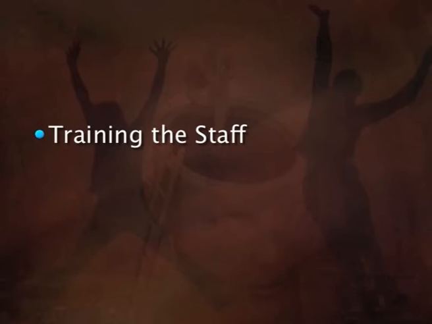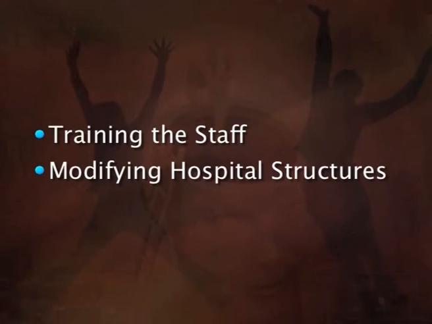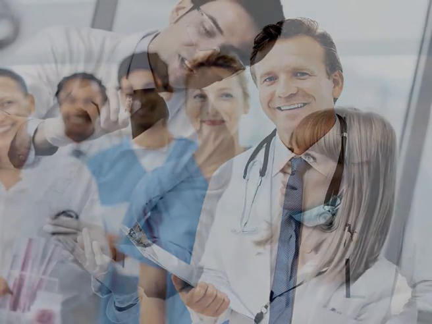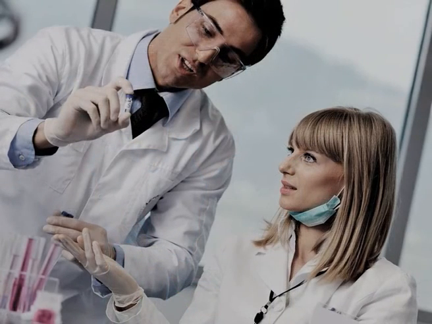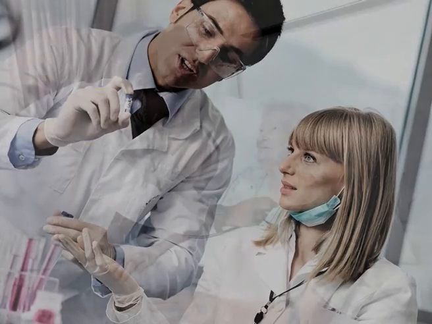And this palliative care includes three aspects. One is training the staff, the second one is modifying hospital structures, and the third one, which is increasingly becoming famous, is the hospice. Coming to training the staff, the medical staff have to be specifically trained in order to deal with the extra challenges of treating a dying patient.